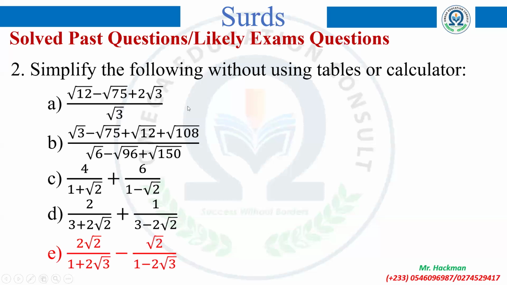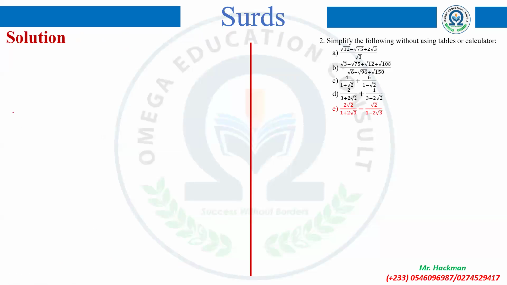Okay, so we are asked to simplify the following without using tables or calculator. I've told you, immediately you see this, you can hide your calculator. Or when you are smart at a point, you can use your calculator and nobody will know. I told you the other time, yesterday in lesson 4. So let's look at how best we can solve the following questions. Once again, my approach is not the only approach, take notes, but usually it would be the ideal approach.